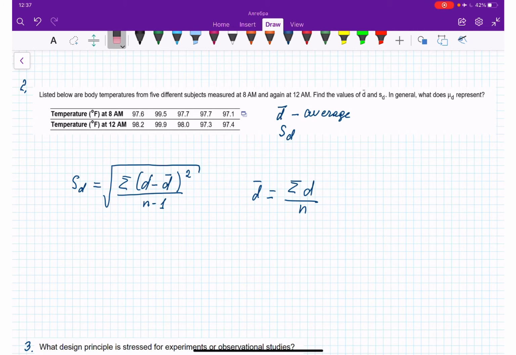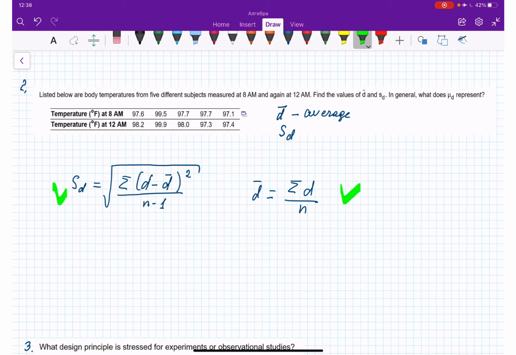Sample size, you don't need to count and place in there because I have already placed it, also as a calculator. And don't touch anything else. You just collect your average between these two temperatures and standard deviation between these two temperatures, and these answers are highlighted in light yellow color.